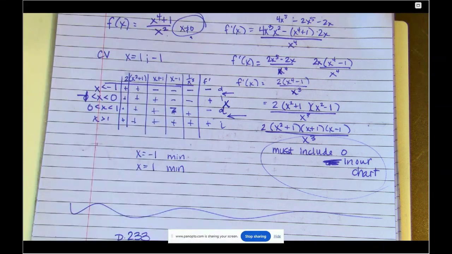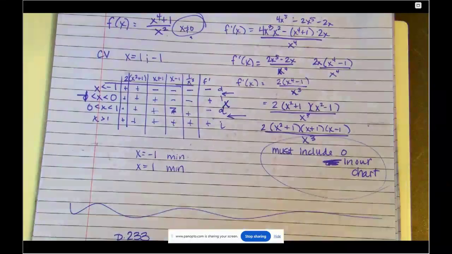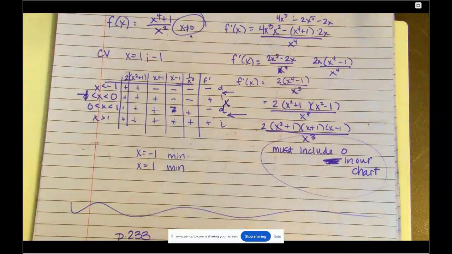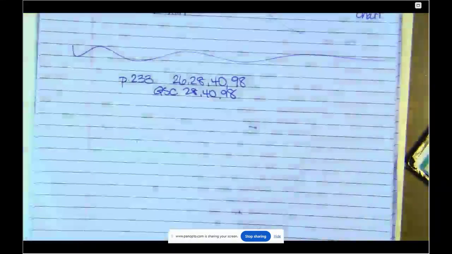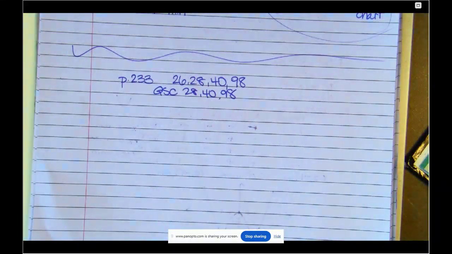Here's the problem. It's only going to take 10 minutes. You're going to open up your book. 98 is, but it's the same stuff we've been doing.